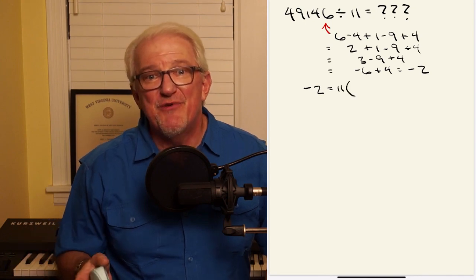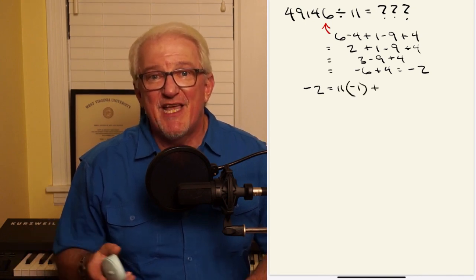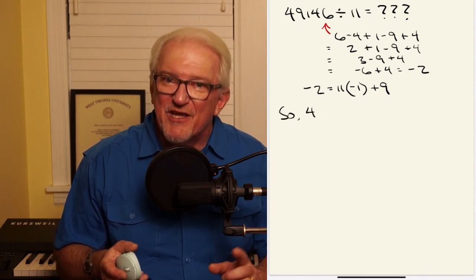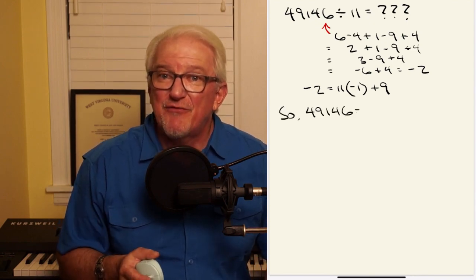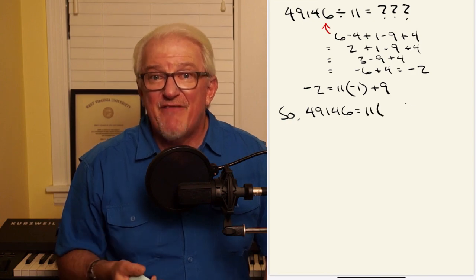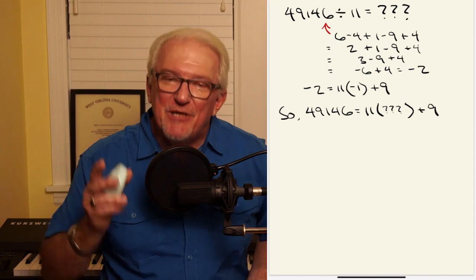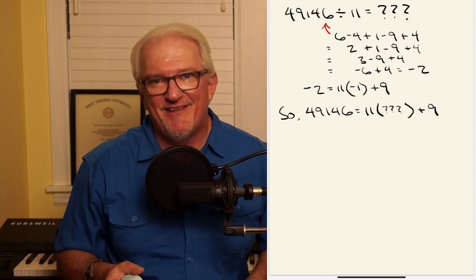Since -2 is equal to 11 times -1 plus 9, we can conclude that 49,146 divided by 11 is equal to some quotient plus a remainder of 9.